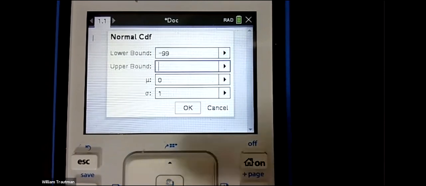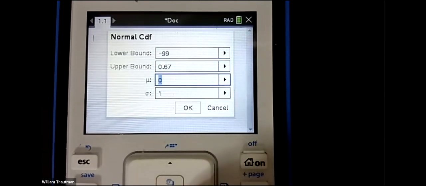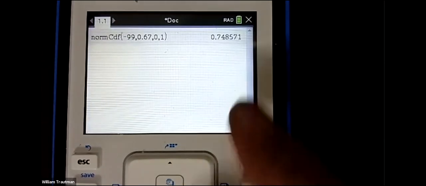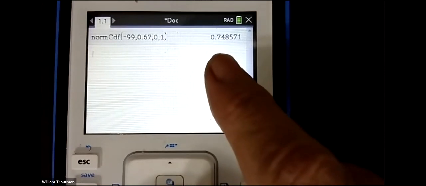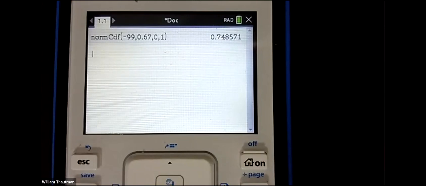The upper boundary we said was 0.67. And then mean is 0, standard deviation is 1. I hit OK, and there's the percentage, 0.7486, rounded to 4 decimal places. The percentage number should always be 4 decimal places. The Z value should always have 2 decimal places.